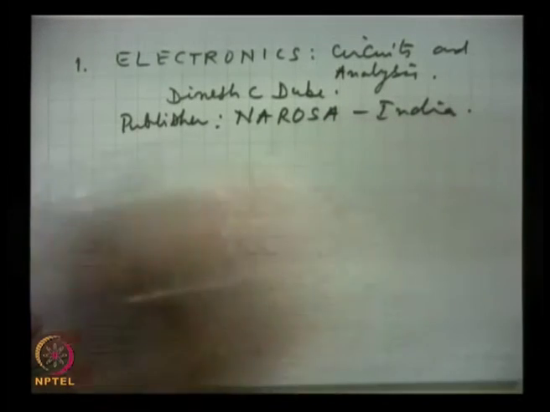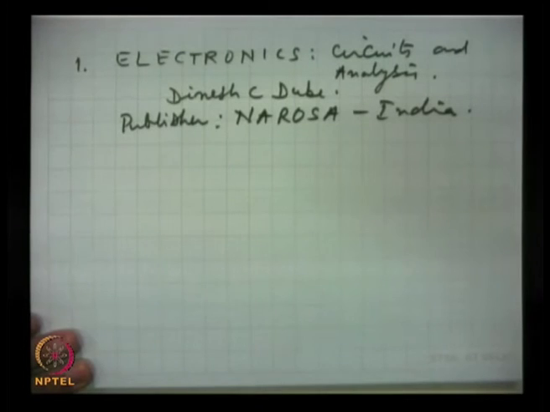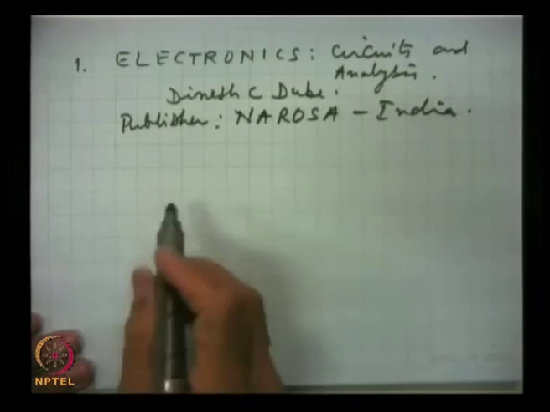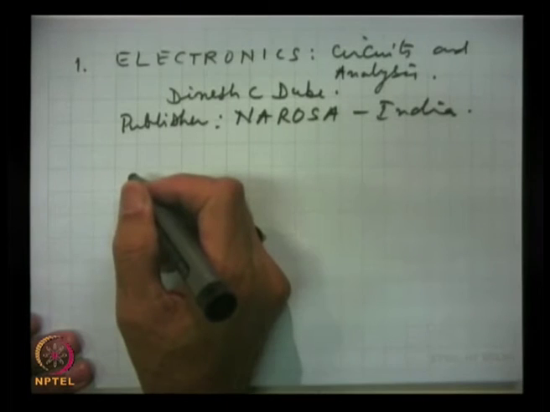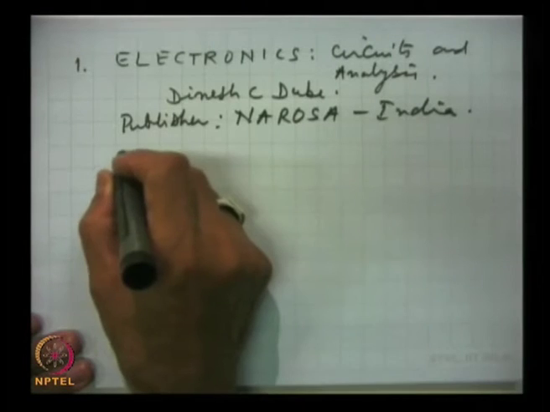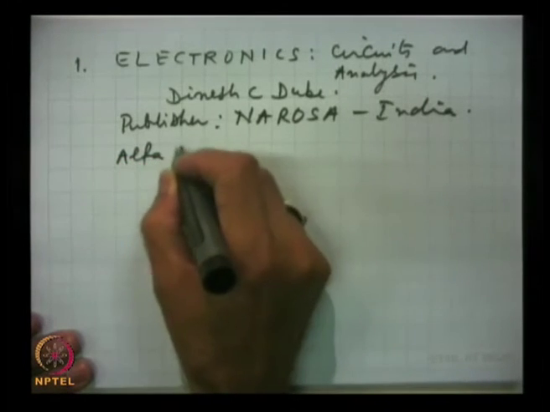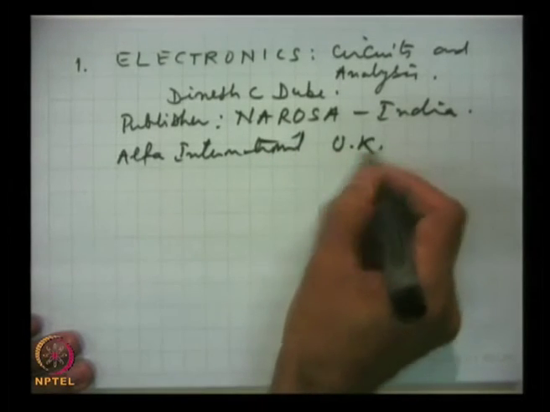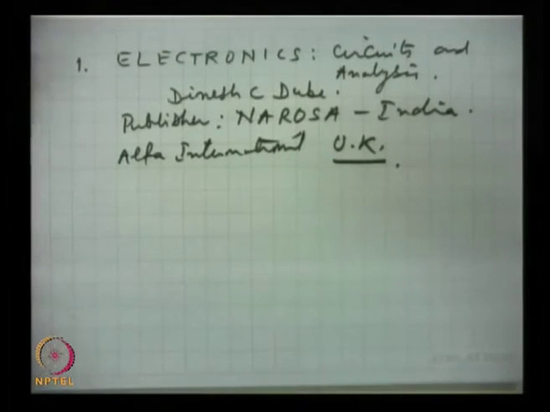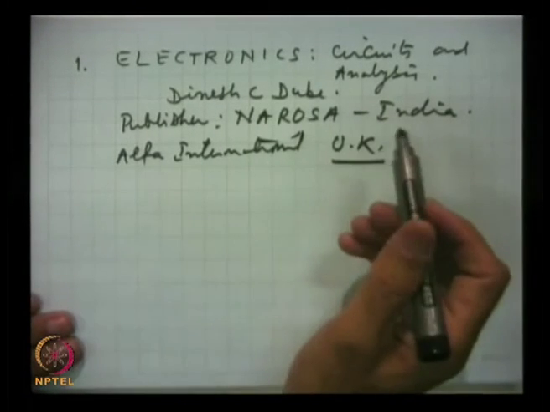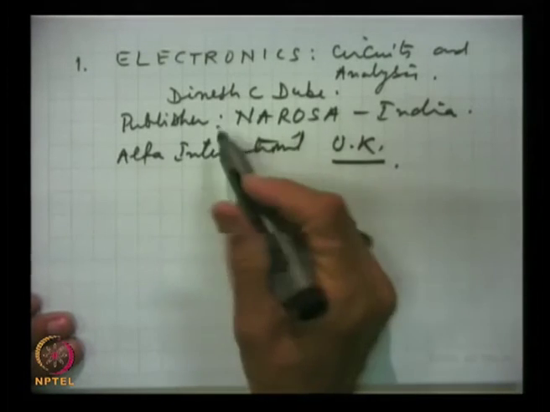In India, they have branches in Delhi, Chennai, Calcutta and Mumbai. All the cosmopolitan cities have their branch, and for Europe and US and Canada, this has been published by Alpha Science International, UK. You can see it on the internet by giving these details.